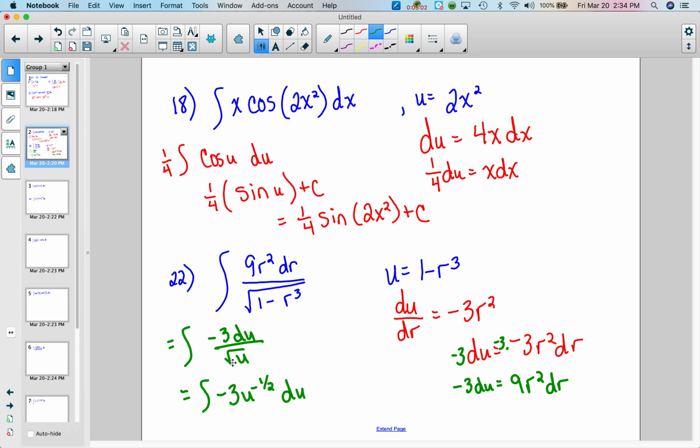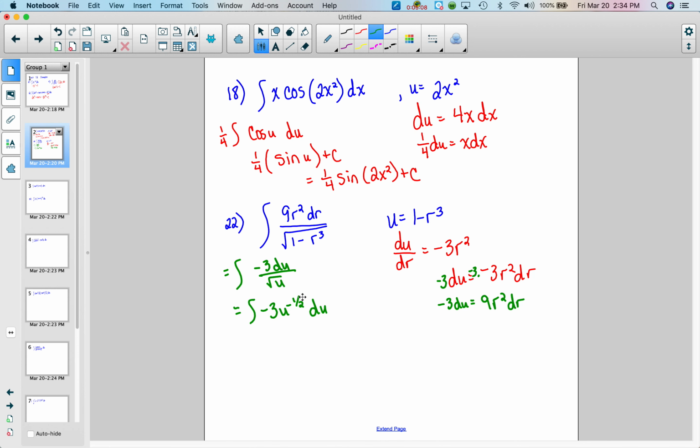Okay, u to the 1/2, but it's on the bottom, so u to the negative 1/2. Now we do the antiderivative, which means I'm going to raise the power by 1, making that a positive 1/2. Divide by the new power. So dividing by 1/2 is like multiplying by 2. So I'll have a negative 6 right here, plus a constant, and replace my u with 1 minus r squared. So I get negative 6.